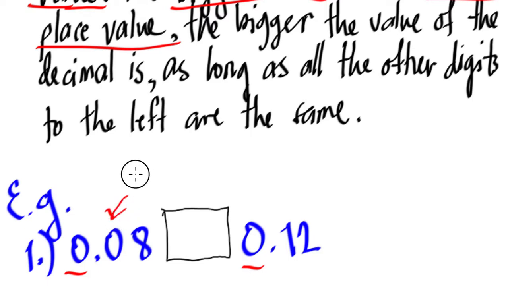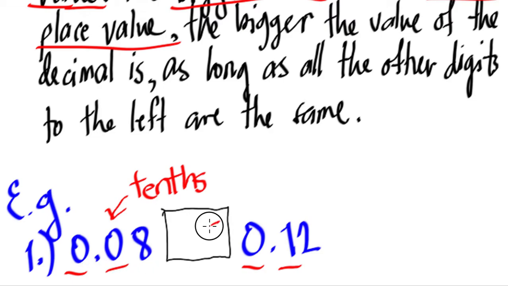Tenths digit, and don't forget the th. Now, in the tenths digit, we can see that there's a difference between these two decimal numbers. We have 0 here and we have a 1. Surely 1 is bigger than 0. Therefore, we can say that 0.12 is bigger than 0.08.